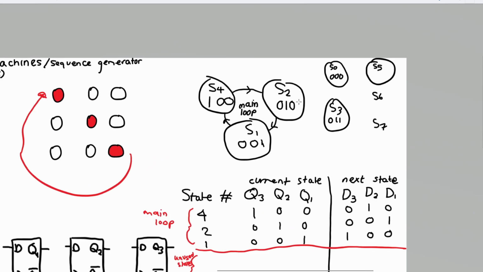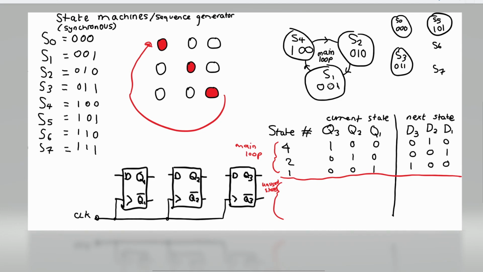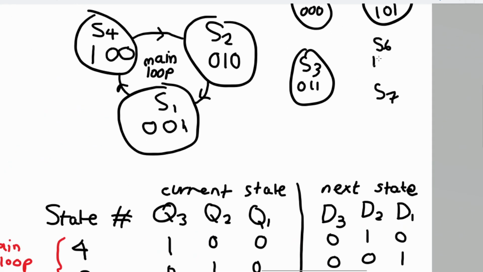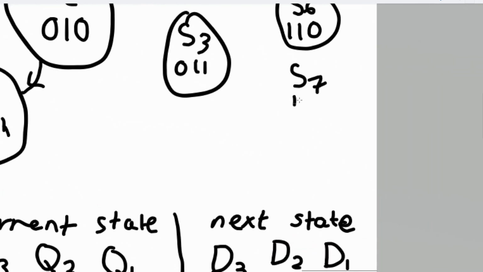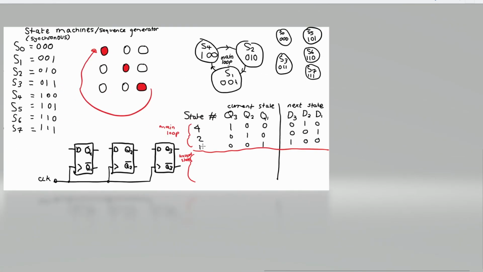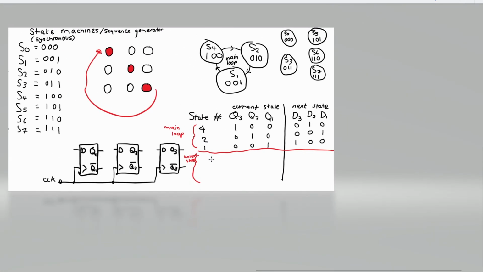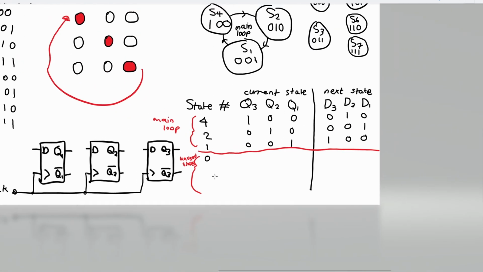S5 is 101, S6 is 110, and S7 is 111. So there are unused states, and I'm going to put them here. I usually put them in numerical ascending order.